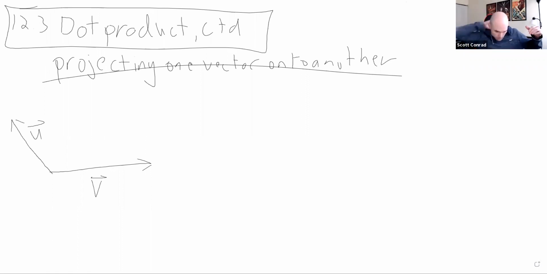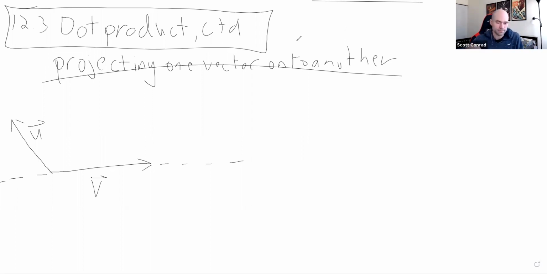So consider the line containing V. Let me just draw that in black also. So consider V to be sort of parallel to the ground. I drew it kind of horizontal here, but V could be whatever. But suppose the line containing V is, think of that as like the ground, right?